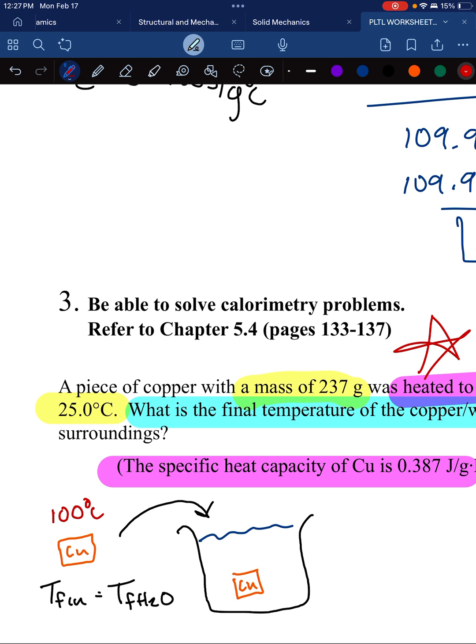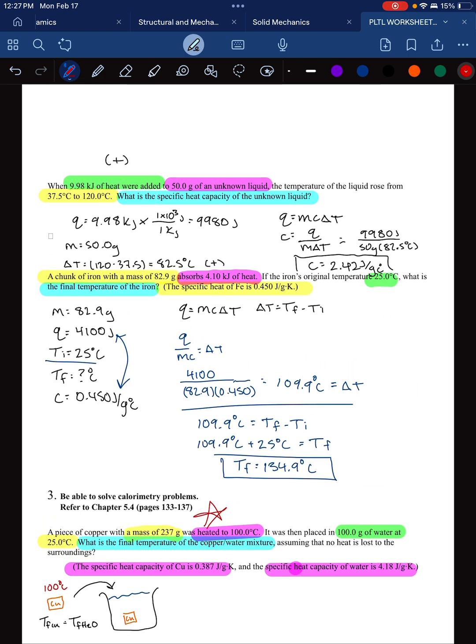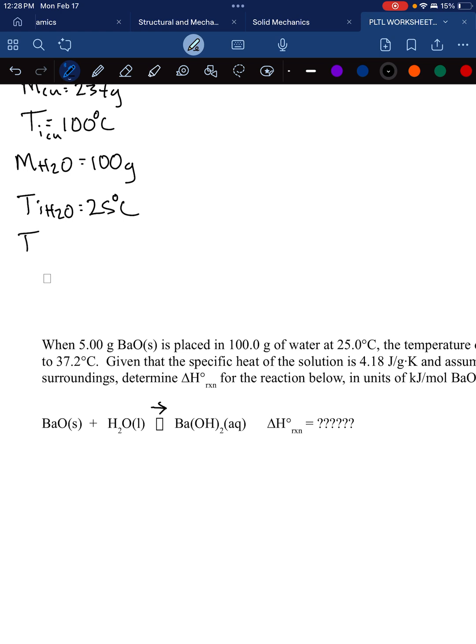It's going to feel neutral because it's going to be the same temperature as the thing you're touching over time. Once that heat transfers back and forth, you'll reach thermal equilibrium and they'll be the same temperature. So the T final for the copper and the T final for the water are equal to each other. And that's actually what we're trying to find, is the final temperature. So instead of having a specific T final of copper and T final of water, we're just going to have a T final.